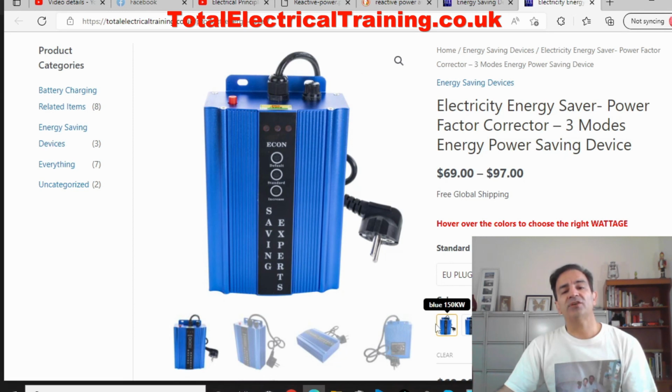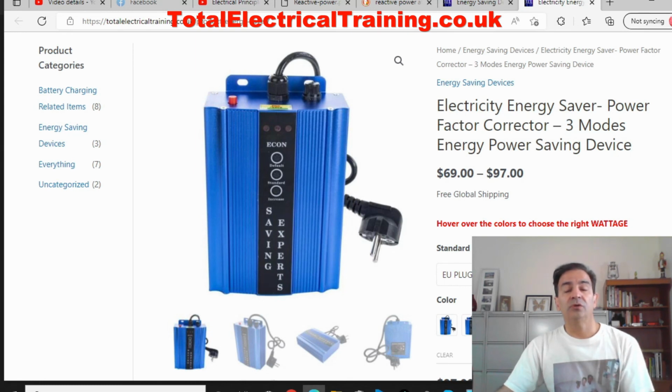So it says color, but when you hover over these items, you can choose the right wattage or right size energy saver. It tells you this is a 1500 watt, this is a 2000 watt, and 2500 watts or 2.5 kilowatts, and 3000.